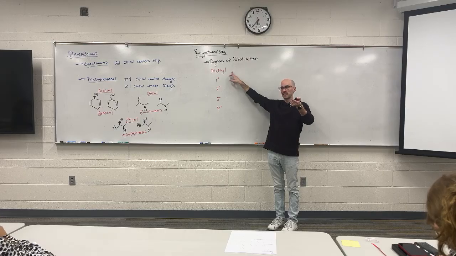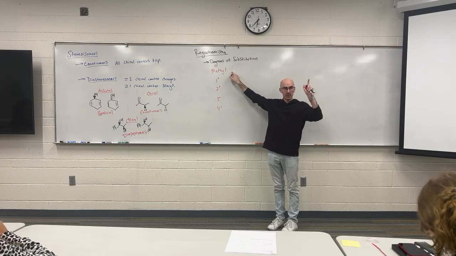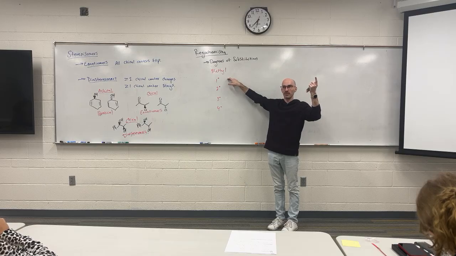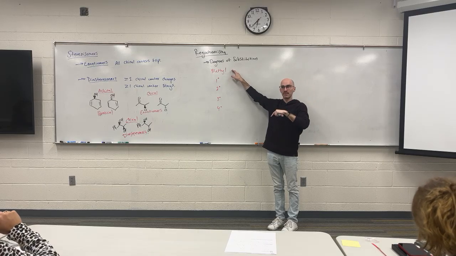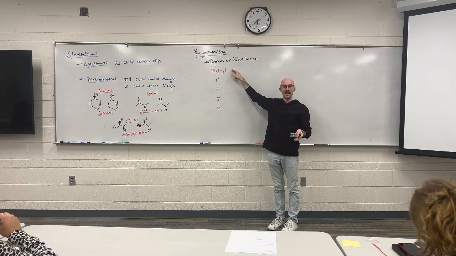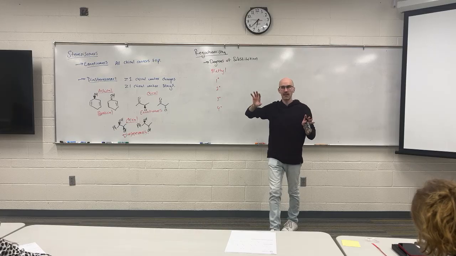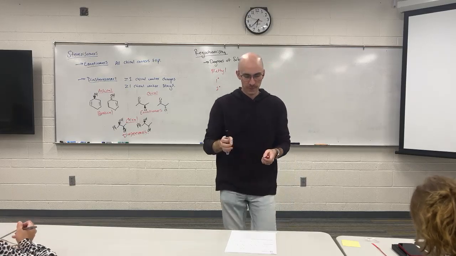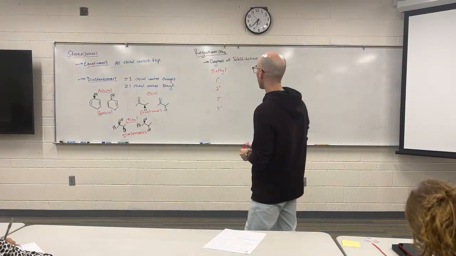A methyl group is a CH3, sometimes connected to another carbon, which would make it a primary carbon because it's connected at one point. A methyl carbon, rather than a methyl group, is not connected to any other carbons, okay? Primary and methyl, they get a little jumbled. So see if you can go through and label these regiochemistry terms. I'm going to draw these up and label them as well.